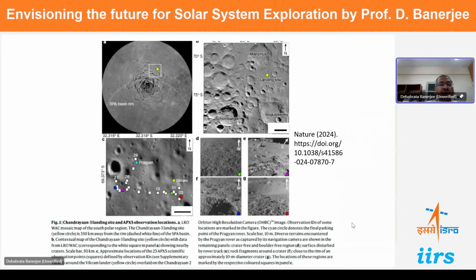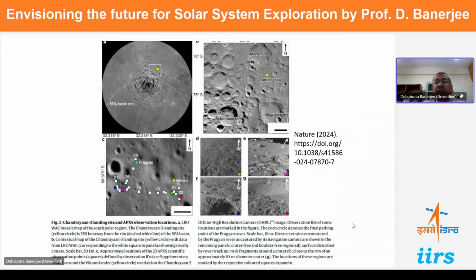And this is showing you the traverse of the rover, and the numbers you see are various locations where measurements were made by APXS, which is basically an alpha particle X-ray spectrometer.